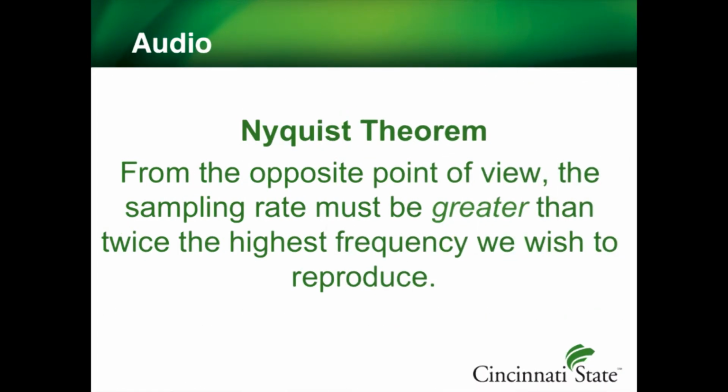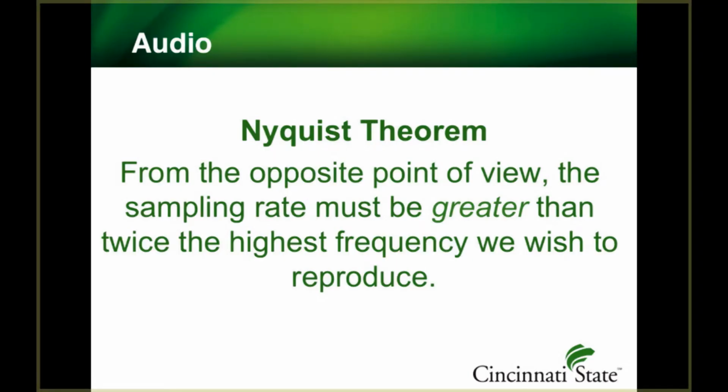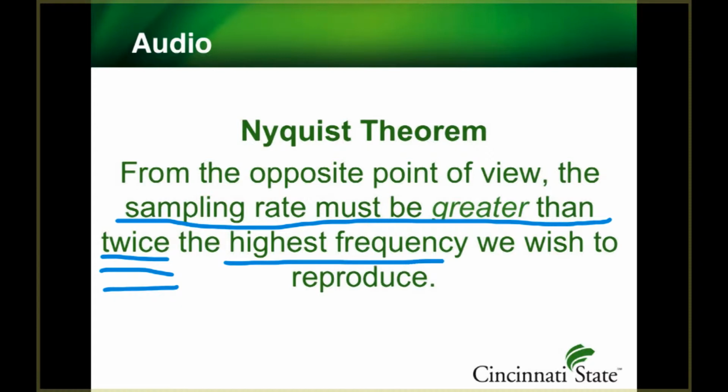From what I feel is the easier point of view, the sampling rate must be greater than twice the highest frequency we wish to reproduce. So whatever your target frequency, the highest frequency, so let's say range of human hearing is 20,000 hertz, you're going to need to record at a minimum 40,000 samples. And we'll look at this much more here in a second.